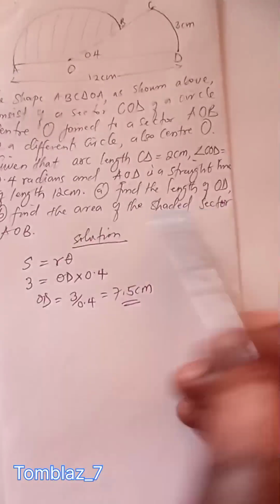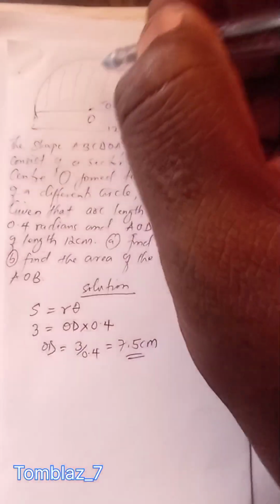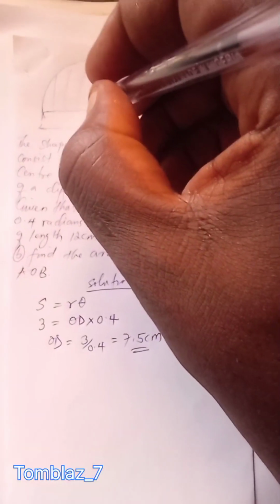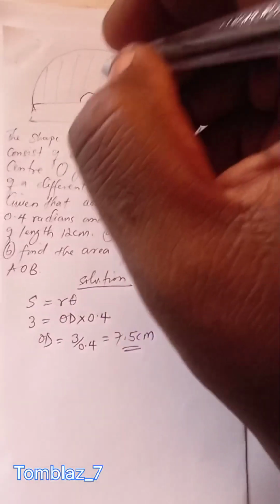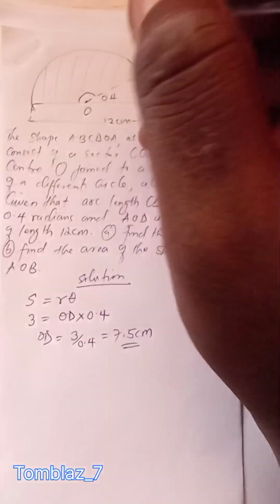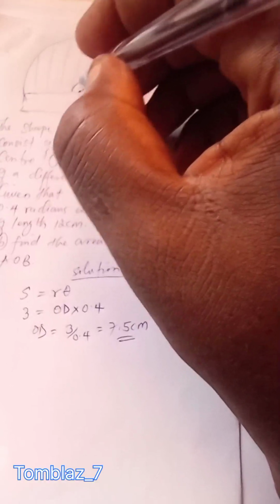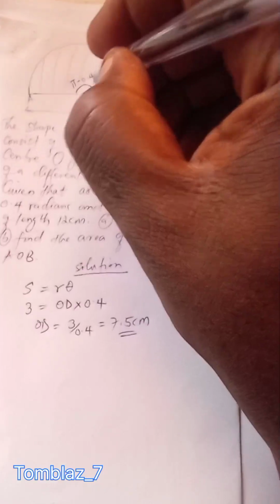What is the next thing they say we should look for? Find the area of the shaded portion. Let's observe again. The shaded portion is this sector, and this is the center. If you recall, the total angle on a straight line is equal to pi. So if I'm looking for only this part, it will be pi minus 0.4.